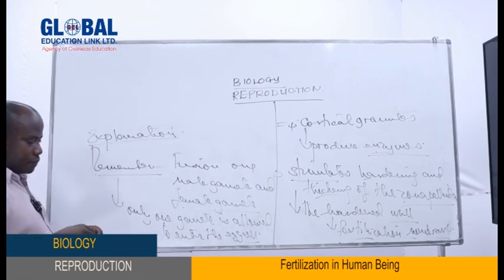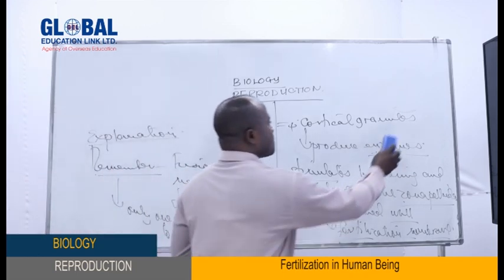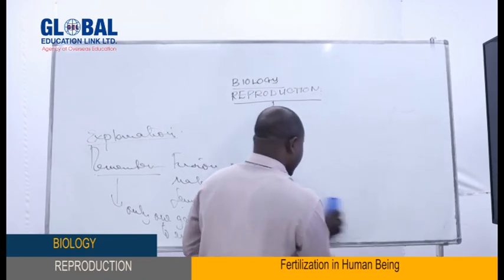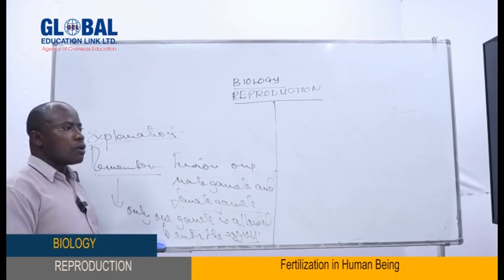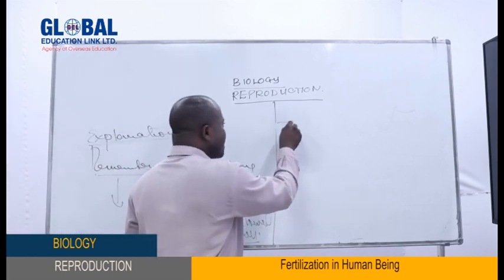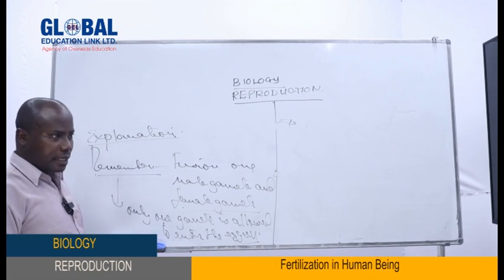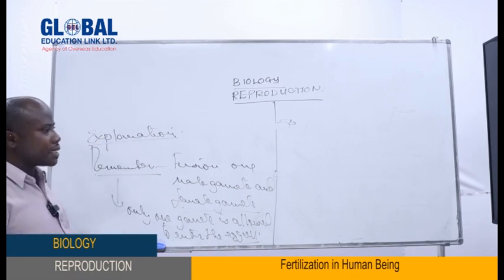How is this possible? What happens in the female reproductive cell is to make the outer layer of it impermeable to the male gametes, so that only one male gamete is allowed to enter the female reproductive cell. And the membrane that performs that activity of preventing other male gametes from entering is known as the fertilization membrane.